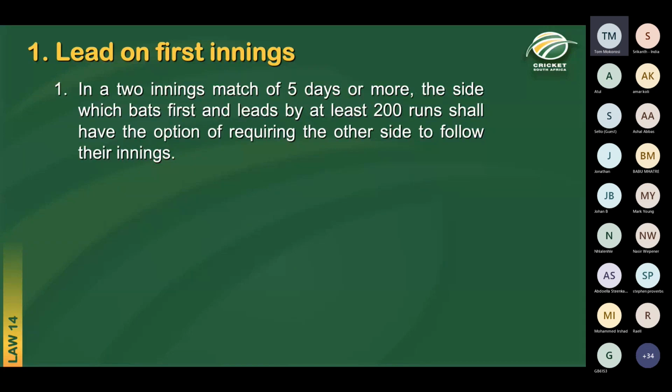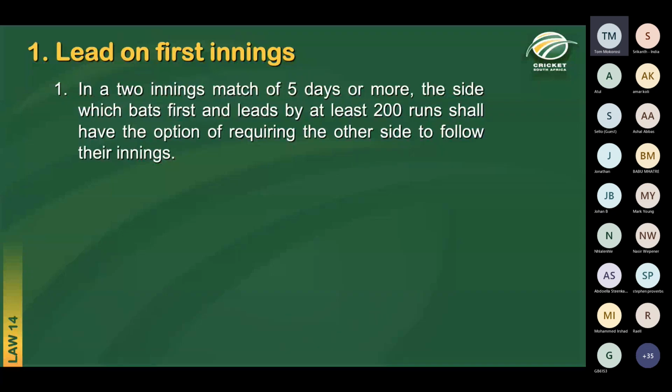Can South Africa ask Australia to bat again? 450 minus 250 is 200. What does the law say? The law says the lead needs to be at least 200. The lead is at least 200, so South Africa can ask Australia to bat again.